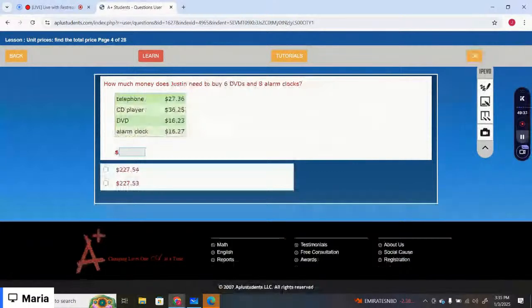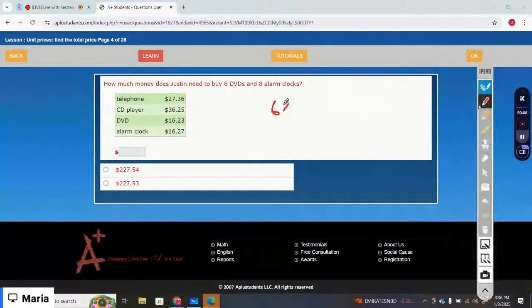How much money does Justin need to buy 6 DVDs and 8 alarm clocks? So which is the correct option? One DVD costs $16.23. So 6 DVDs means 6 times $16.23, and 8 times $16.27.